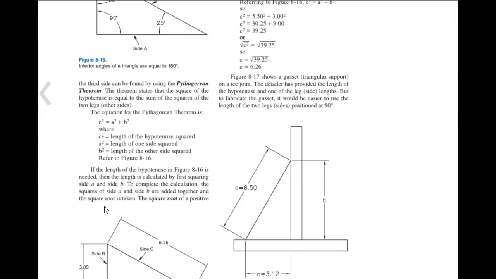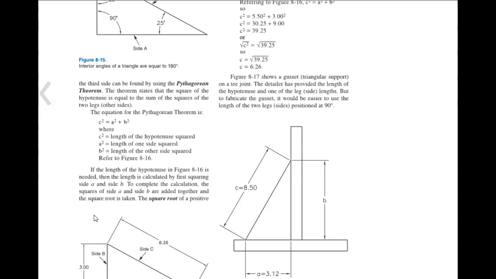The square root of a positive number x is the positive number n such that n squared equals x. In equation form, the theorem is c equals the square root of a squared plus b squared.